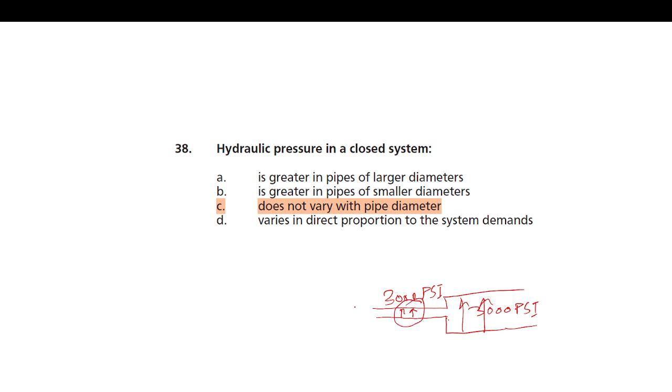So, whatever be the size or diameter of the hydraulic pipe, the pressure exerted everywhere is the same, that is 3000 psi in both types of pipe diameter. So hydraulic pressure in a closed system, C, does not vary with pipe diameter.